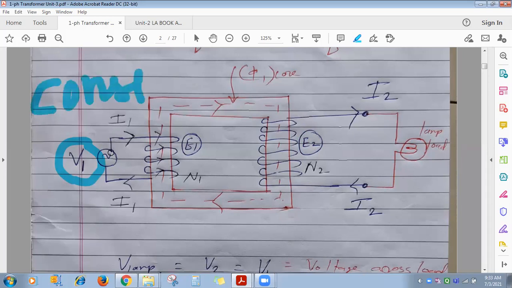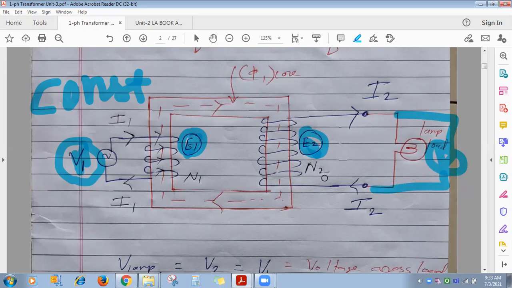That means all the voltages V1, E1 and E2 are constant. Their frequency is the same, 50 hertz. The frequency of the supply voltage is 50 hertz, and the frequency of E1, E2, and the voltage across the load, V2 or VL, is also 50 hertz.